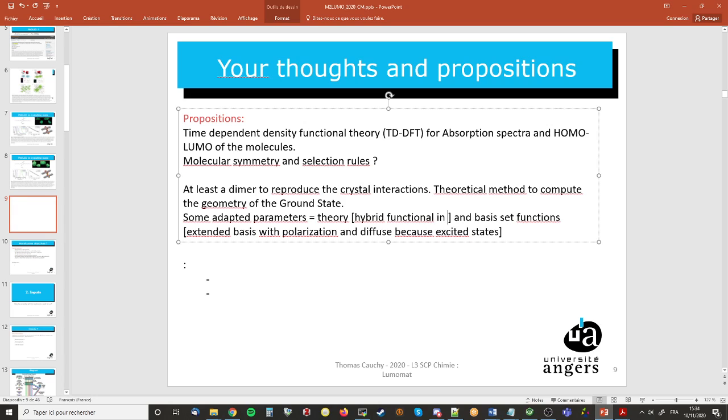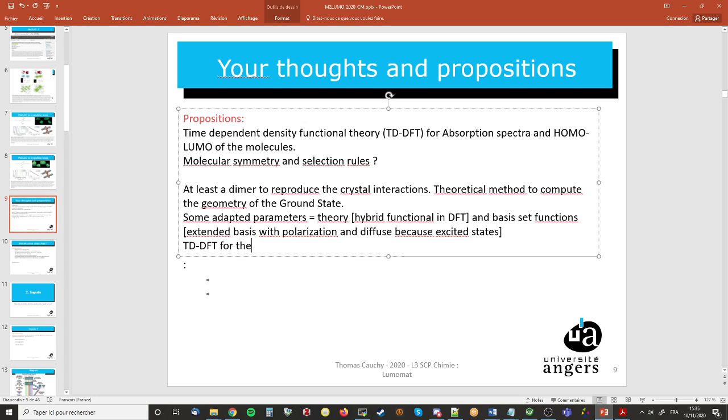And afterwards, when the molecules are optimized, we launch the TD-DFT calculations on the ground state optimized geometry.